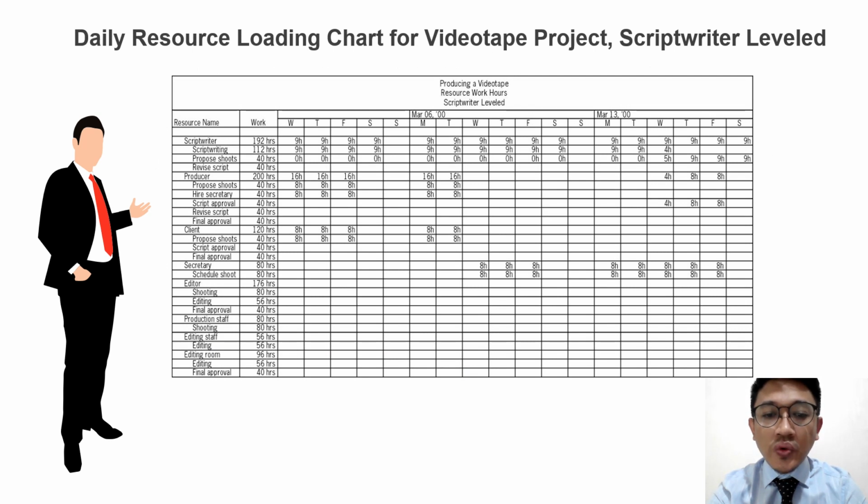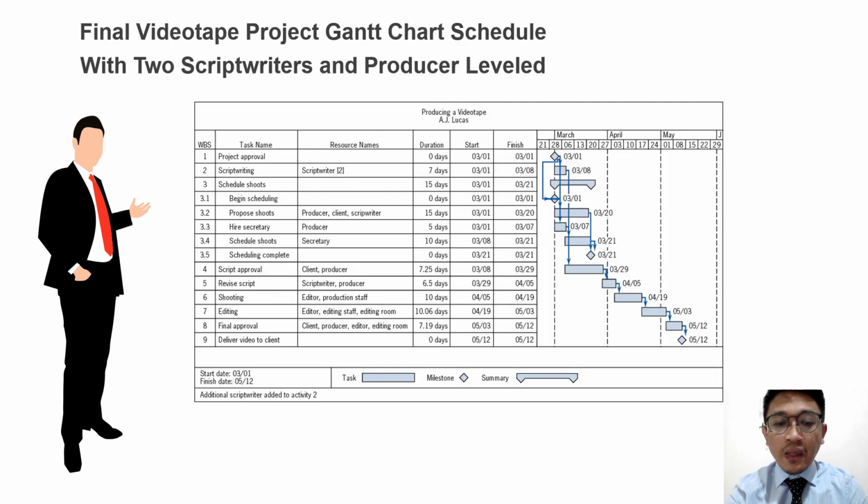The daily resource loading chart illustrates the scriptwriter's workload for the videotape project after leveling. It outlines the daily allocations of resources, ensuring a balanced and manageable schedule for the scriptwriters across the project duration. The final Gantt chart schedule for the videotape project showcases the level allocation of scriptwriters and the producers.